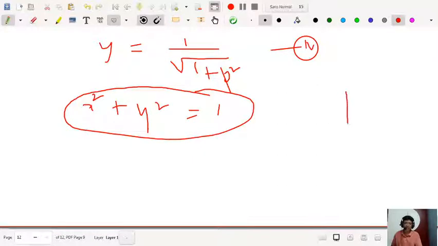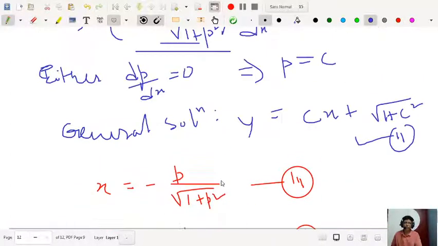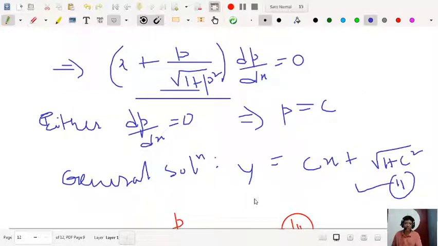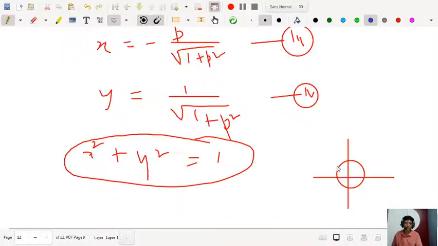That is a circle, the unit circle, center at the origin. This is the circle, and the family of lines touches the circle at different points. There are infinite number of points.